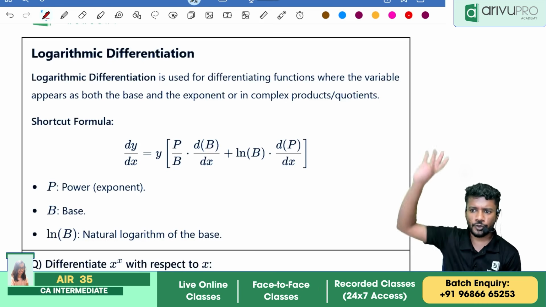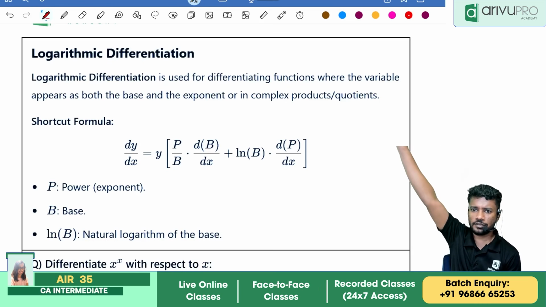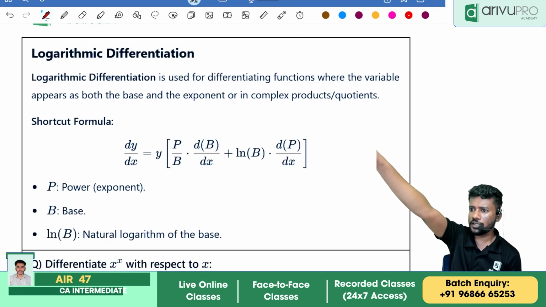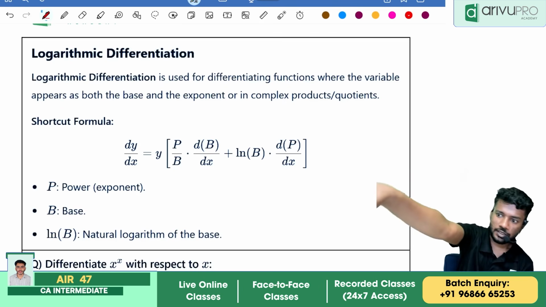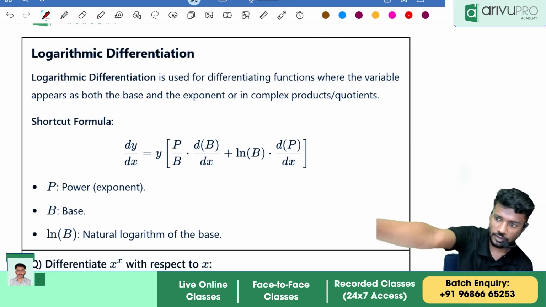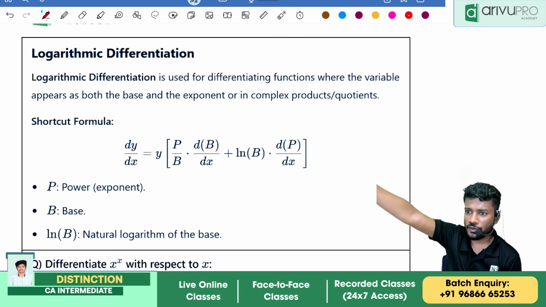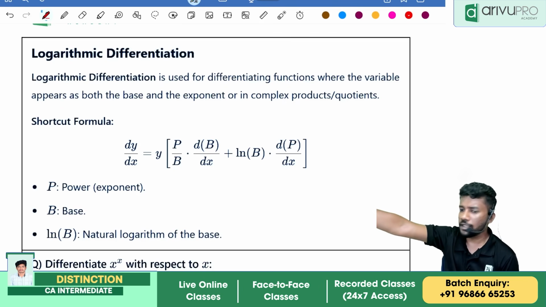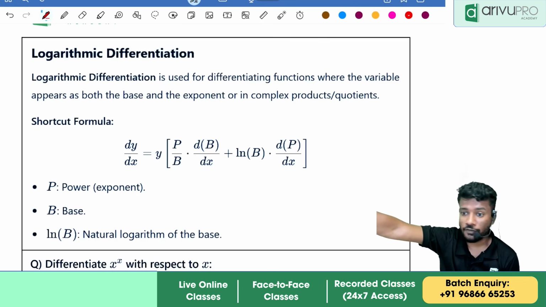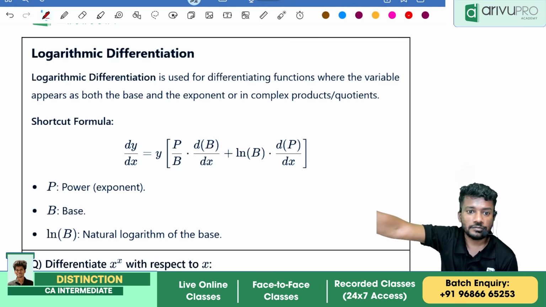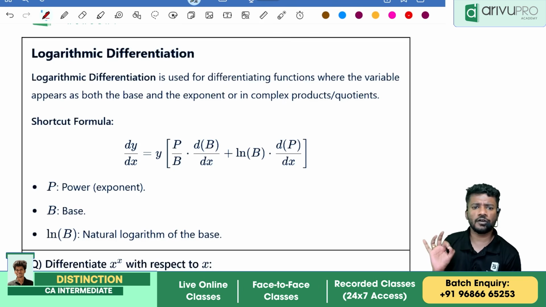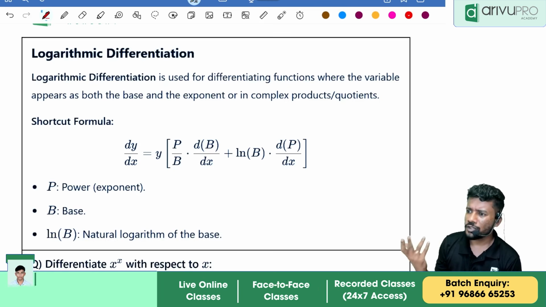Now, people, do you know the derivative of x raised to n? It is n into x raised to n minus 1. Everyone knows the derivative of log x is 1 by x, the derivative of e raised to x is e raised to x, the derivative of x raised to 35 is 35 x raised to 34, and the derivative of x raised to minus 2000.